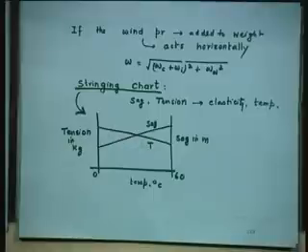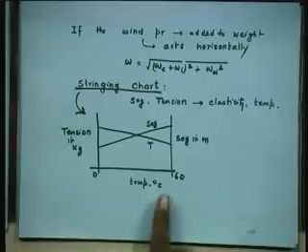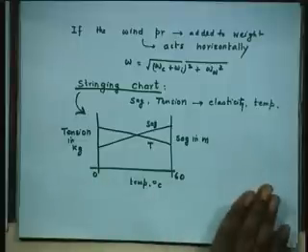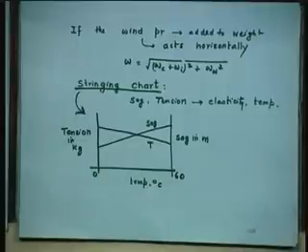If you plot tension and sag on two vertical axes, the y axis, versus temperature in degree centigrade, always mention units. Temperature can be Fahrenheit, Kelvin, or degree centigrade. So temperature in degree centigrade from 0 to 60, because beyond 60 it is highly unlikely the temperature will be on the earth where we live.